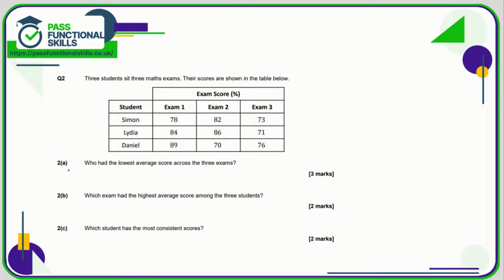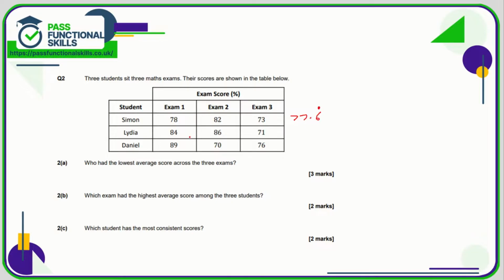Okay, so for question 2, 3 students sit 3 maths exams and we've got their scores here. Who had the lowest average score across the 3 exams? So Simon got 78, 82 and 73, so his average is going to be the total of 78, 82 and 73 divided by 3, that comes to 77.6 recurring.